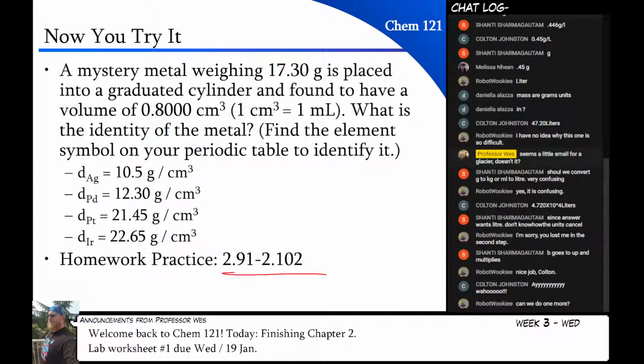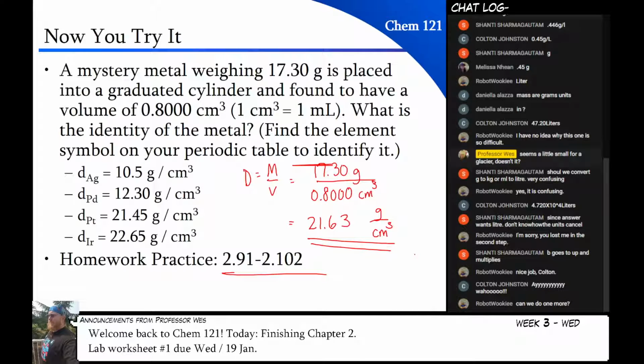So if I divide the mass by the volume, this is the units that I would get, which are the correct units of a density for a solid. And so I get this number to 4 sig figs.